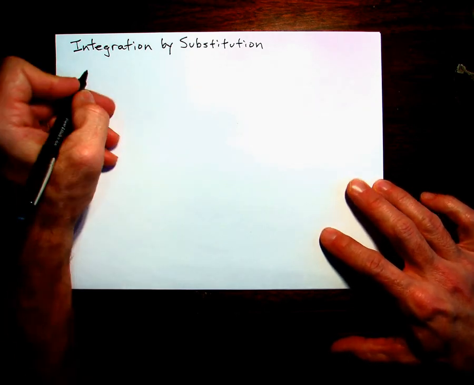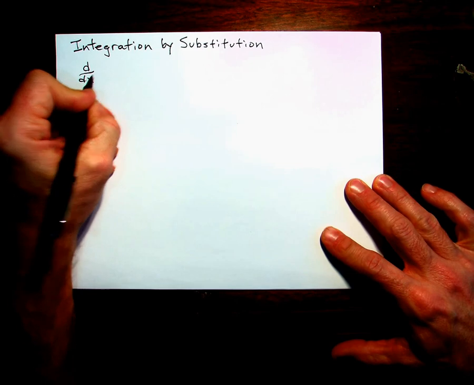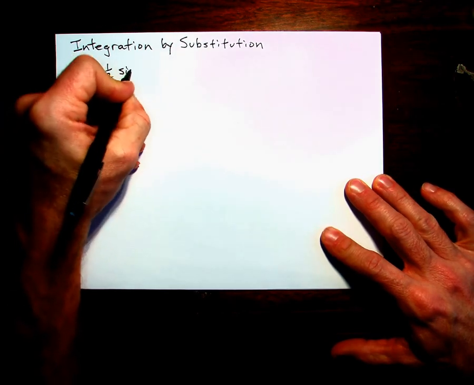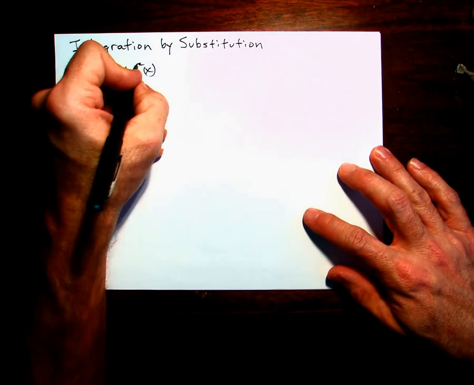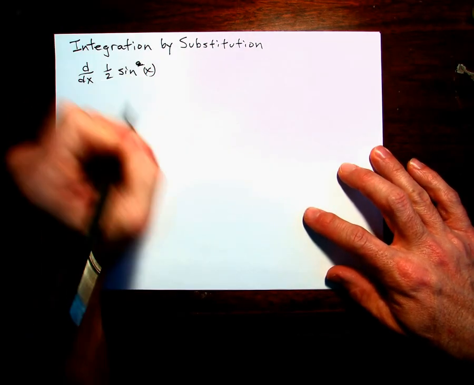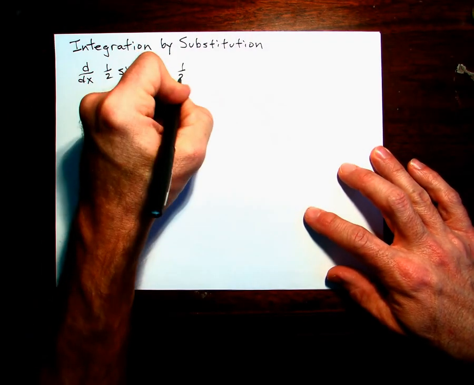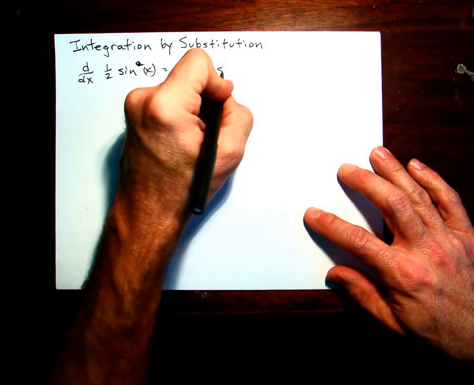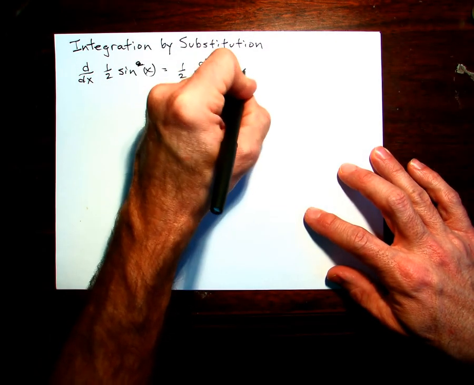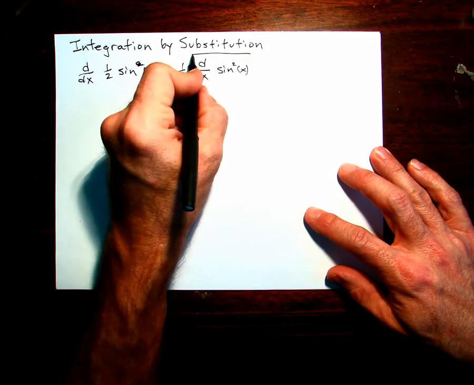So if we wanted to take the derivative of something like 1/2 sine squared of x, we know we can take the constant out front, right? So what we're really looking for is the derivative of sine squared.